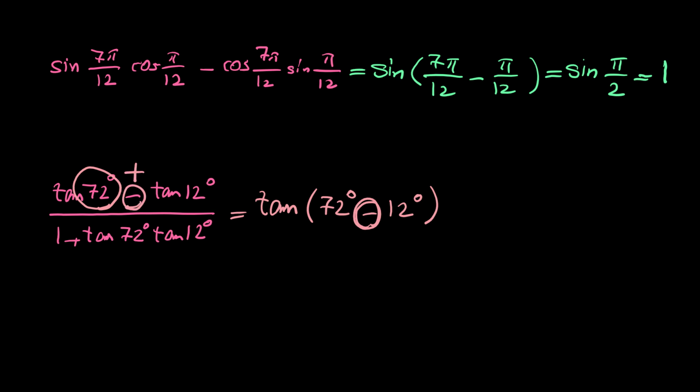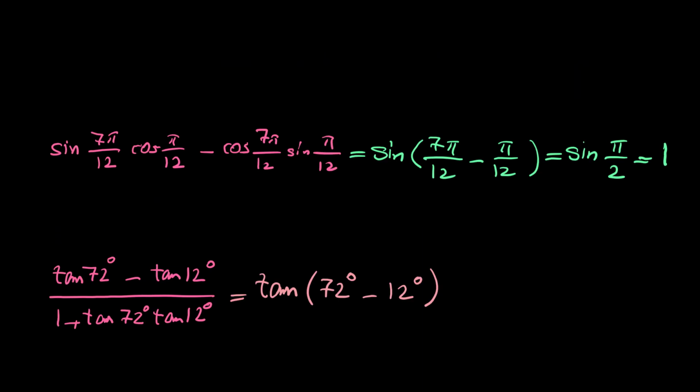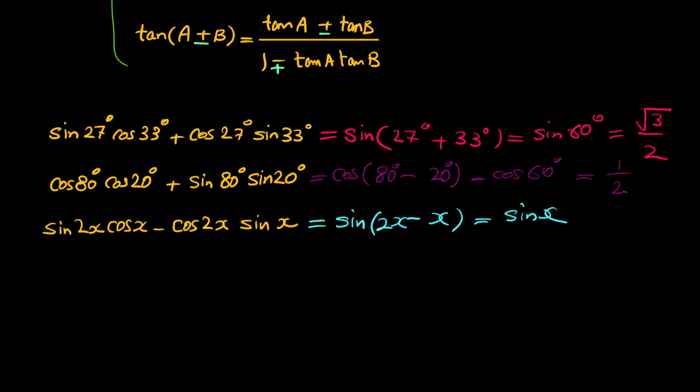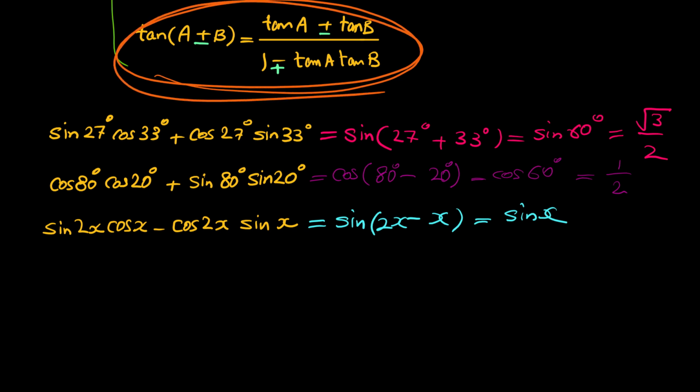If here was plus and here minus, then we had to put plus between the two angles. Maybe you wonder what happens if here is minus and here is minus. Then we have no relation for that, and we cannot simplify that. We can only simplify when we have exactly one of these two cases that we have here.